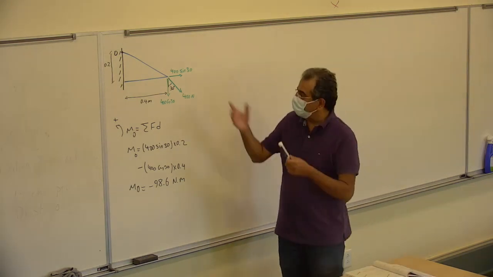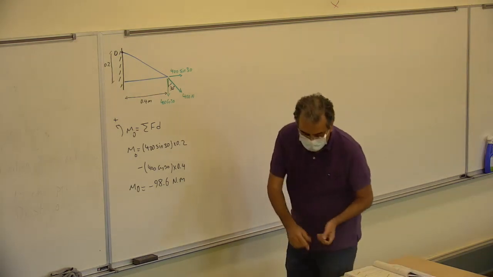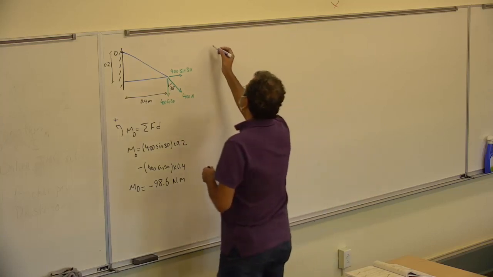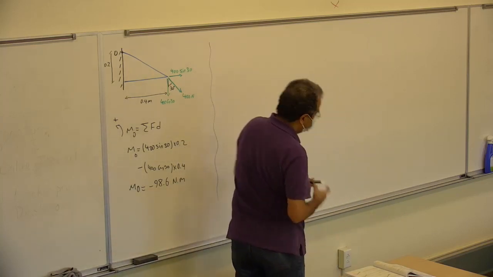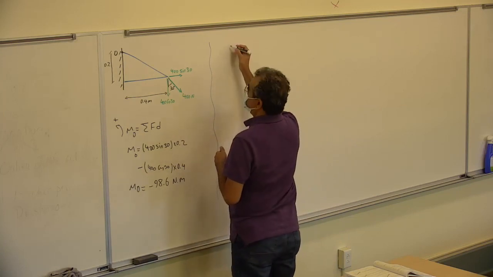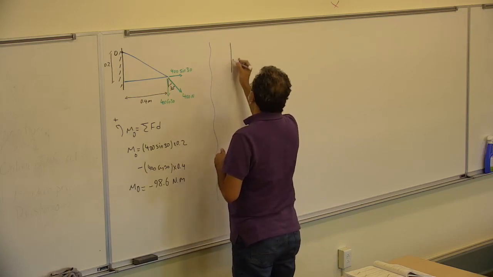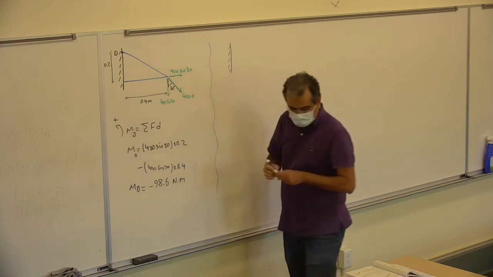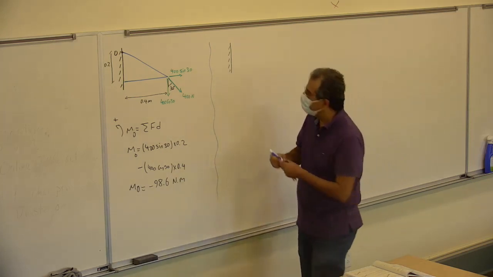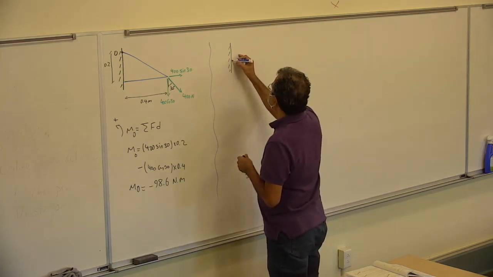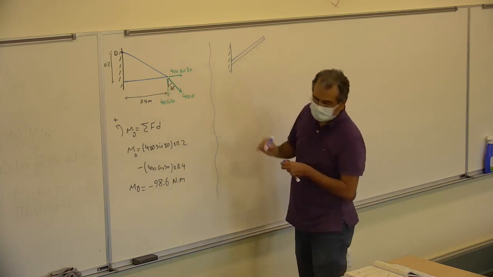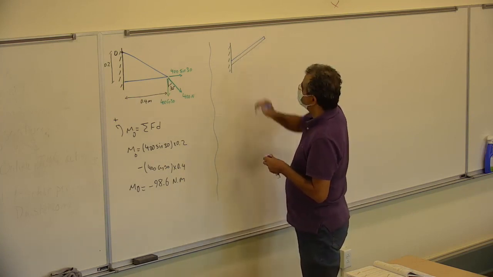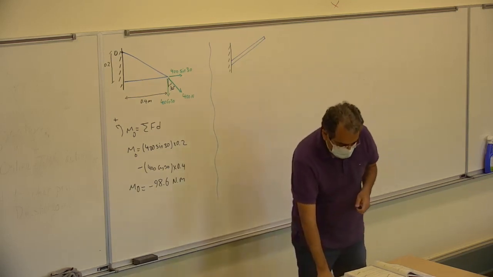The next problem is similar to this one. If I have again the wall and zero, something like this, going off the wall, and then I have a force.